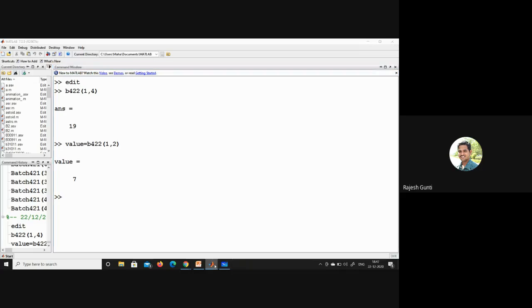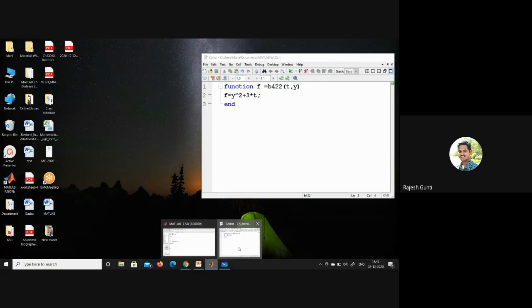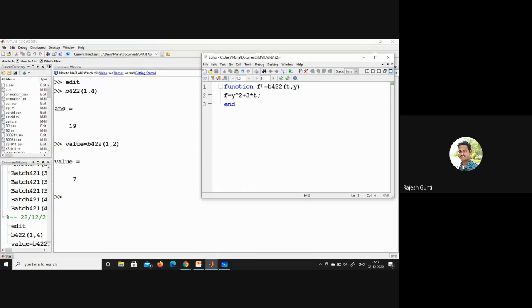The output of the function is f; you can name it dy dt or f, not a problem. Save. I am concentrating only on the right hand side.